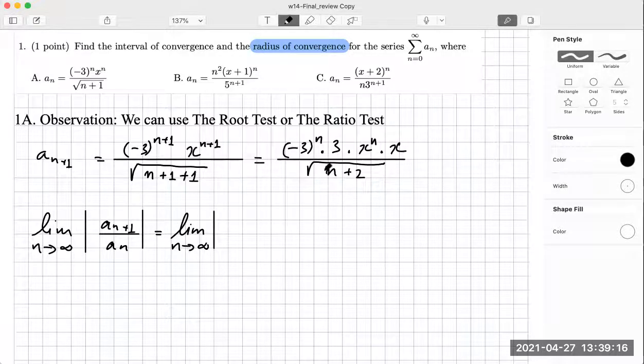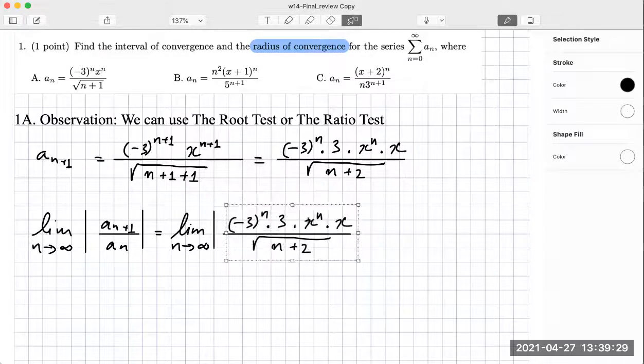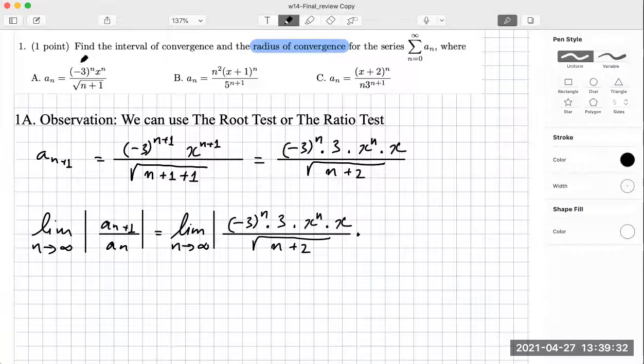Since we do it many times, we know that at the end, the ratio of these two things, a_{n+1} and a_n, will be this guy, a_{n+1}, multiplied with the reciprocal of a_n, which is the square root of n plus 1 divided by negative 3 to the n times x to the n.